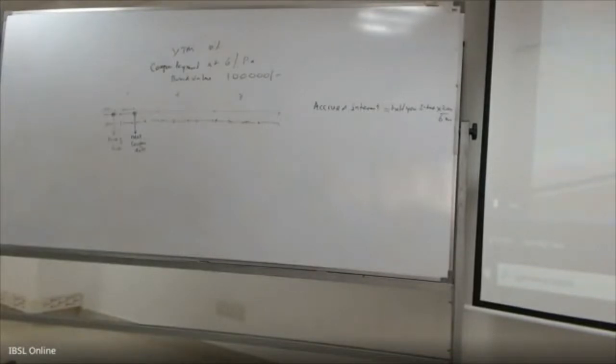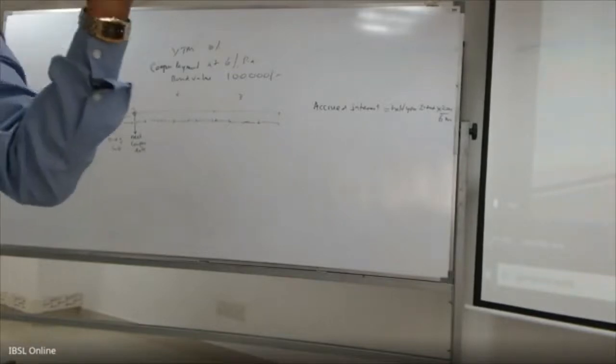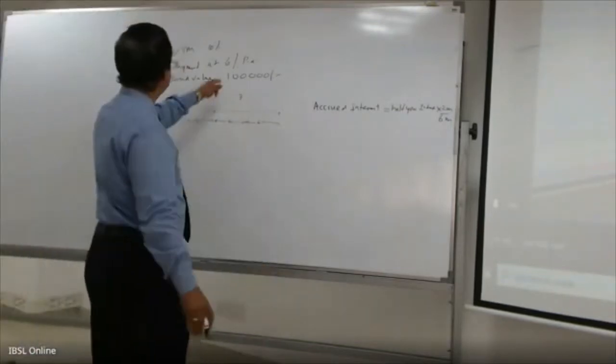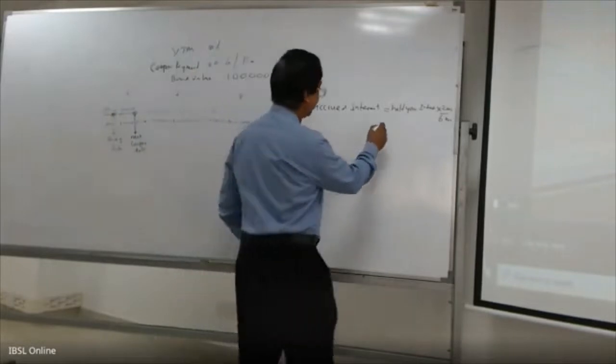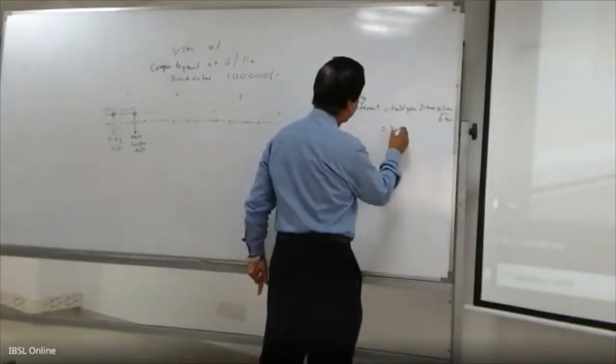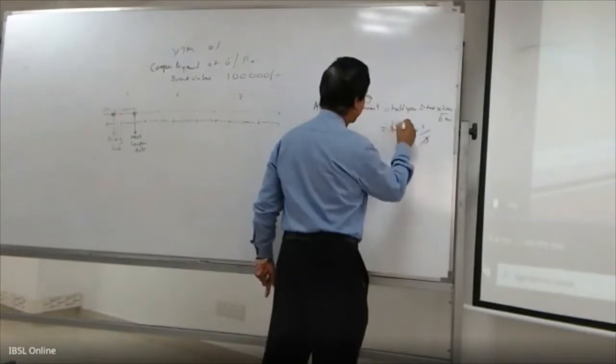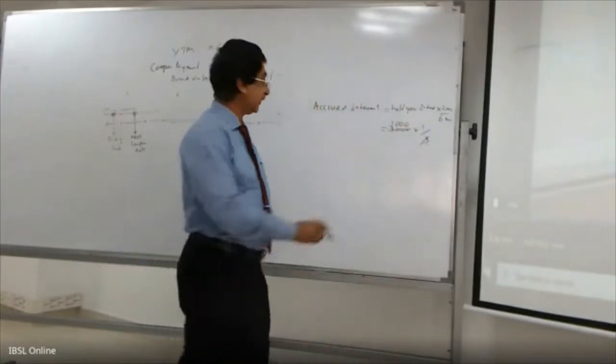So 2 months over 6 months is the portion, and that portion is 1/3. That has to be multiplied with the half yearly interest, which is 3,000 into 1/3. Then it is 1,000.